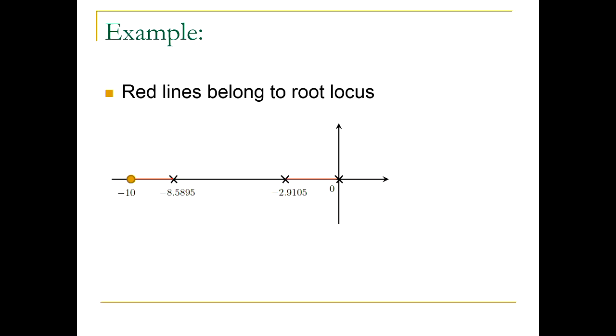As k is increased, this branch of the root locus would move from this cross to this circle. So for very, very large k, we will be close to minus 10. So we know pretty much everything we need to know about this branch. In this particular example there's nothing else to add. It's a special case, but in this case this branch is done. We will not change anything about this branch.